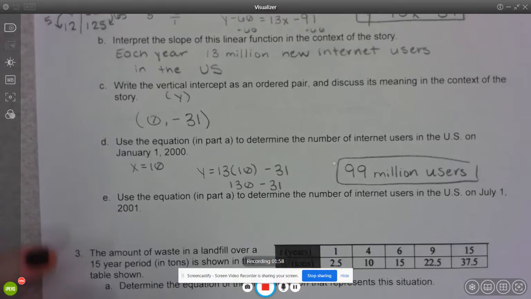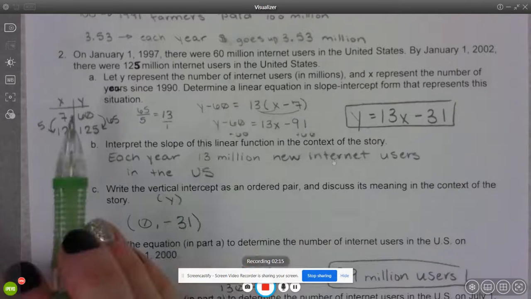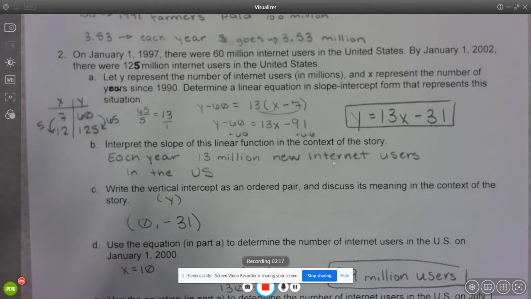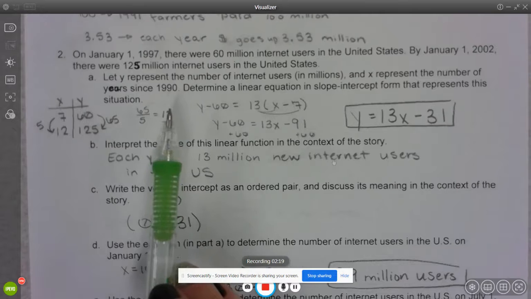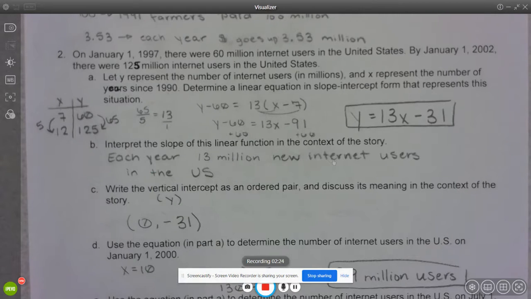And then use your equation to determine the number of internet users on July 1st, 2001. All right, now I got to put on my smarty pants. All of the other things were January 1st. So I was using whole numbers of years because it was the years since January 1st, 1990.